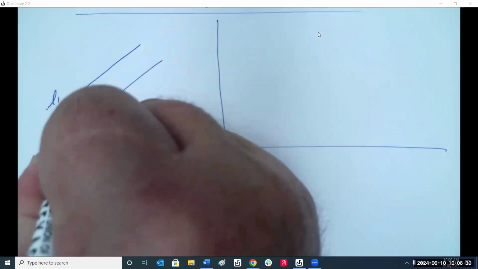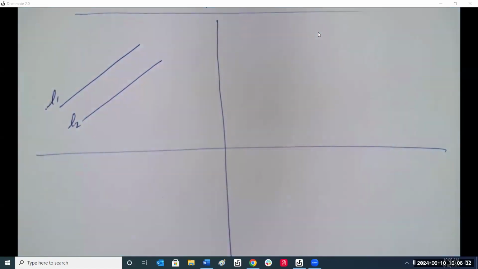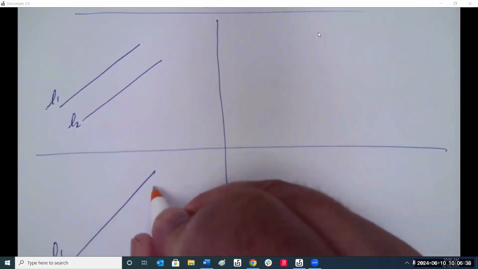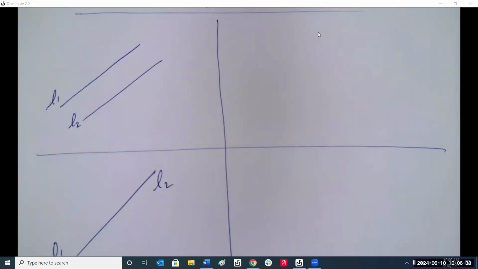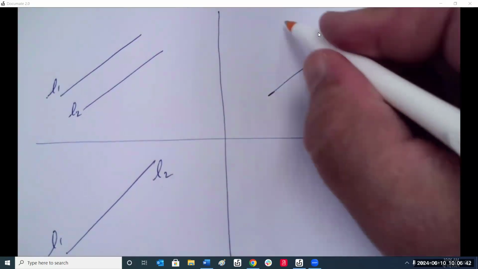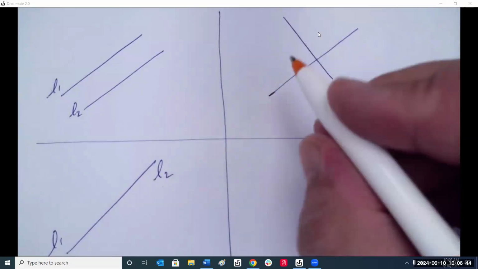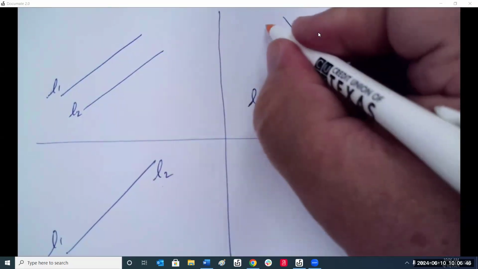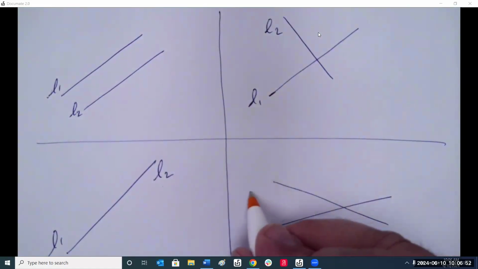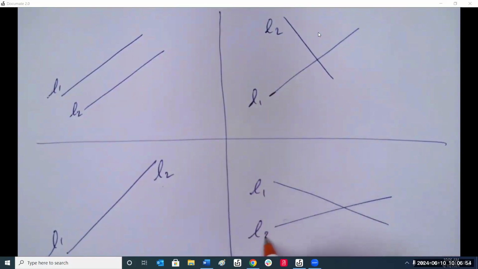That's line 1 and line 2. That's line 1. That's line 2. And that's line 1. That's line 2.